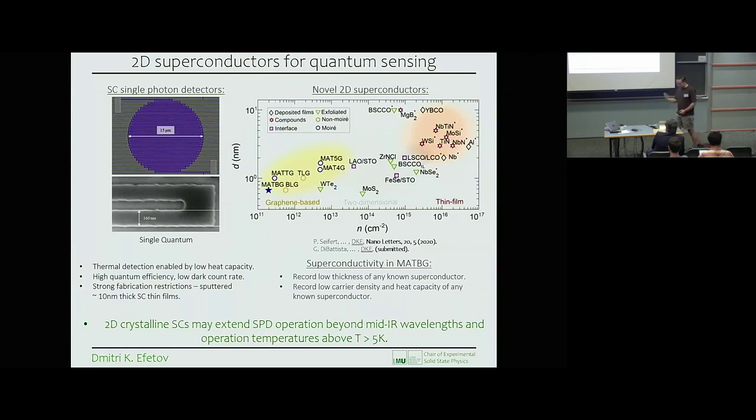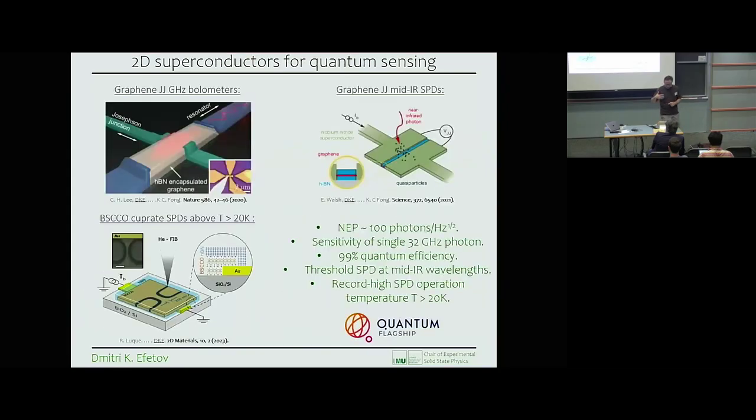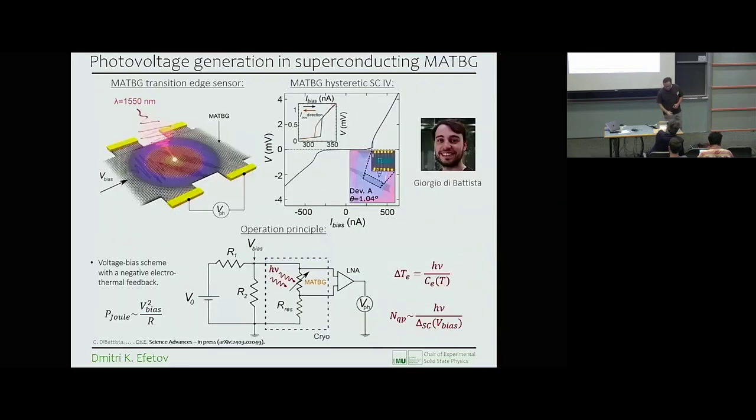So what we were trying to do here is use one of those graphene superconductors to make ultra-sensitive single photon detectors. And I have to mention that this idea and this work also originated from a collaboration with Kin Chung Fong, who in the last couple of years made a number of demonstrations of single photon devices.